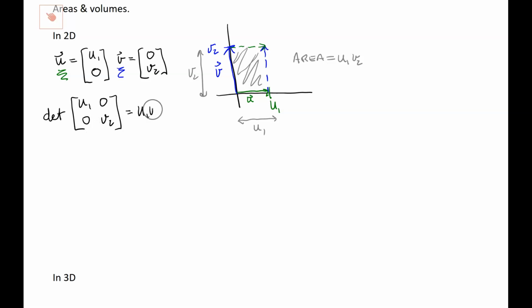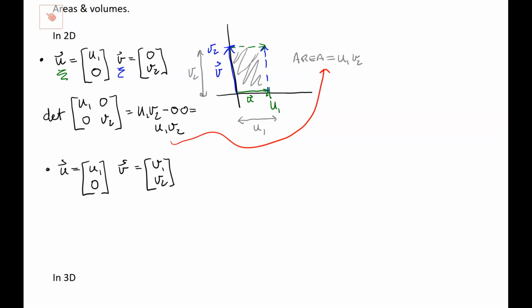I'll get u1 times v2 minus 0 times 0, and that's just equal to u1 v2, which is exactly the same as the area that we got using the usual geometric formula for the area of a rectangle.